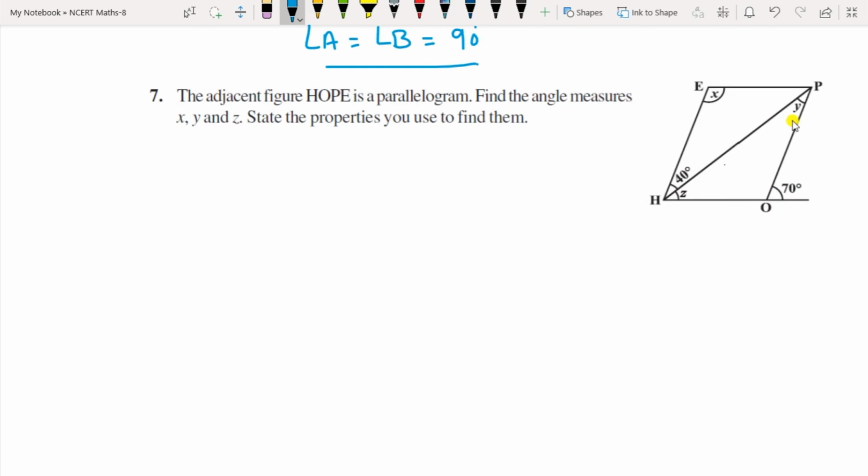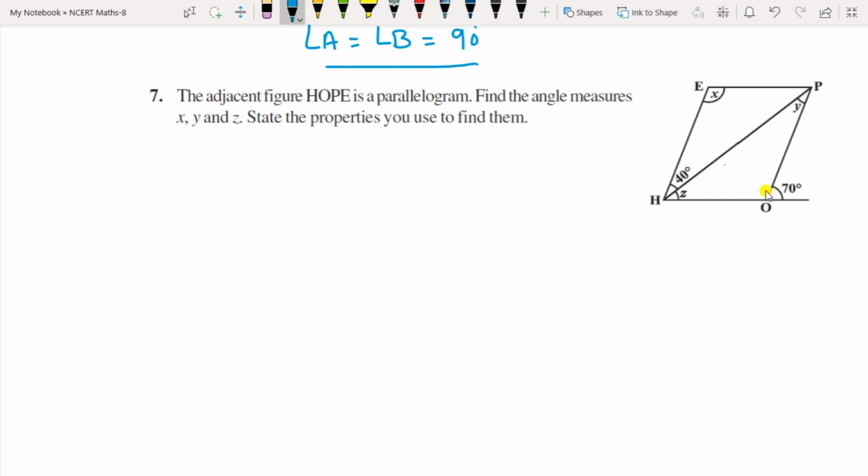This is the figure. HOPE are the vertices of this parallelogram, and we have to find the angle measures X, Y, Z. Now, let us use some of the properties to find them. So here, this is Z, 40, X, Y, and this is 70. Now what can we do?